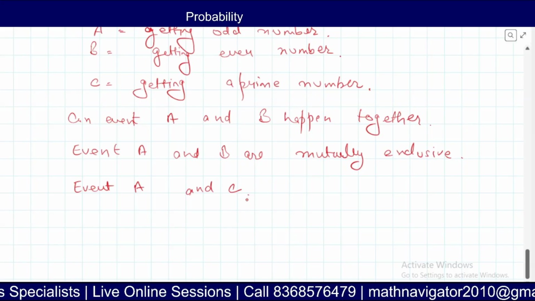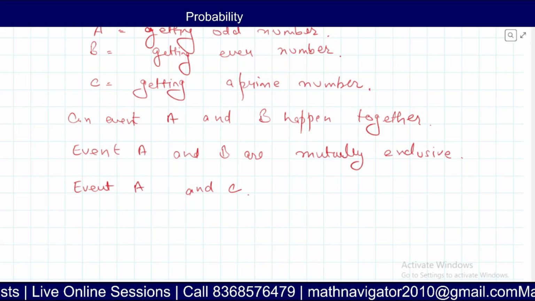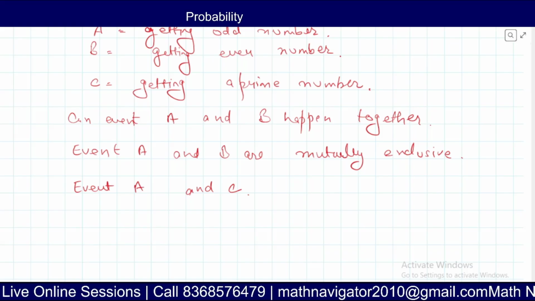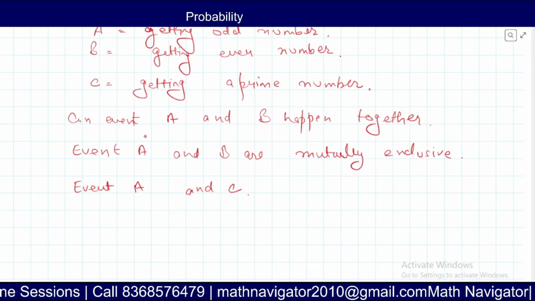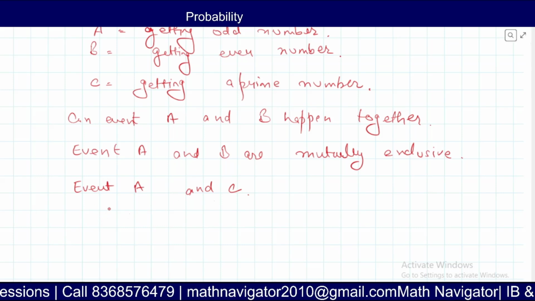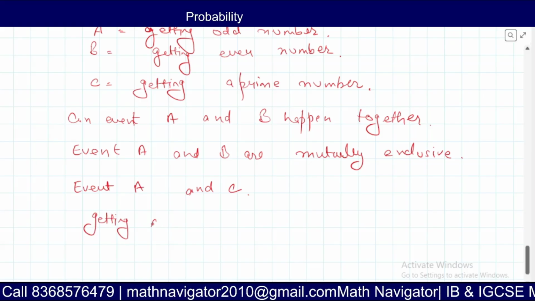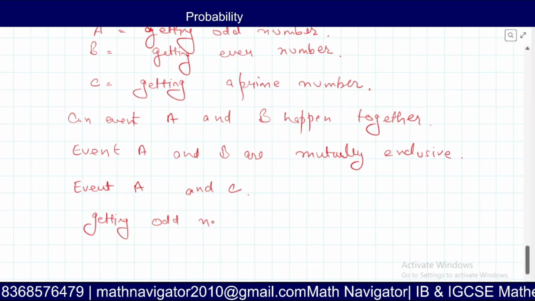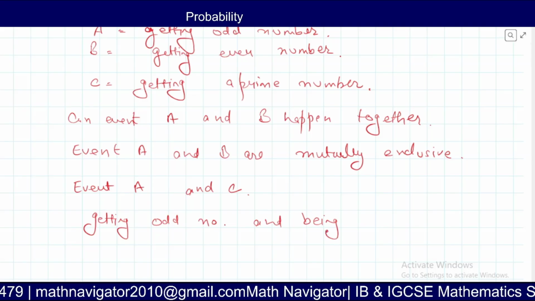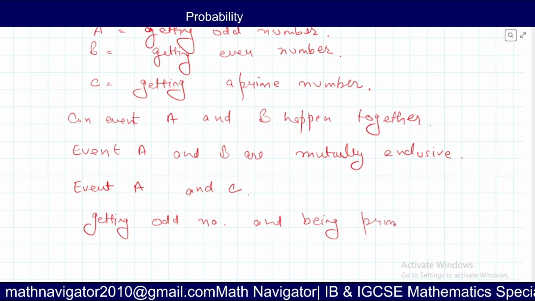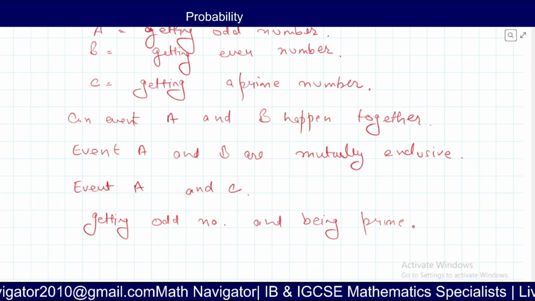Then let's talk about event A and C. When we are talking about event A and C, that means getting an odd number and being prime, right? This can happen.